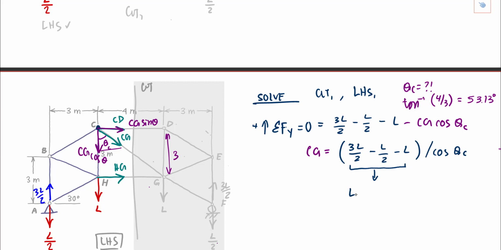So this, if you want to factor out the L, 3 over 2 minus 1/2 minus 1, which is 0. So it turns out CG is equal to 0. CG is a zero force member. We may not have been able to infer that directly by looking at the way the truss is designed, but it turns out that with the current loading setup, CG has no internal load. All right, so CG is equal to 0.